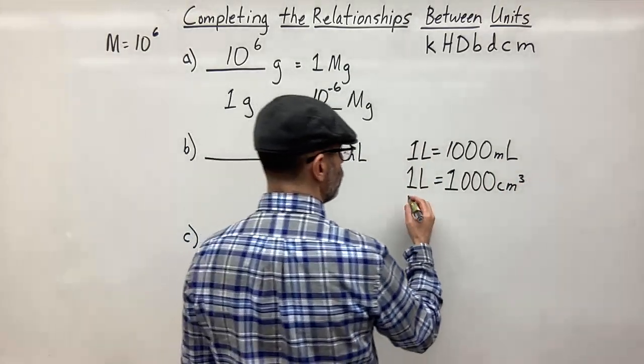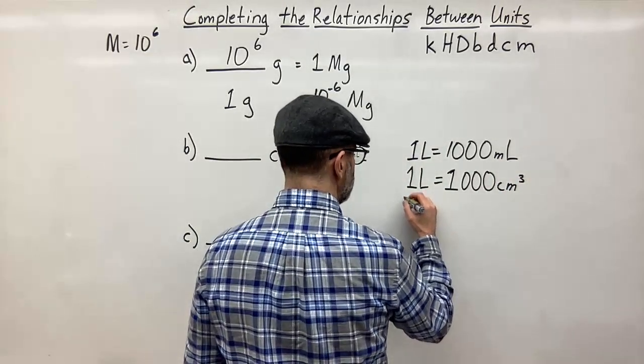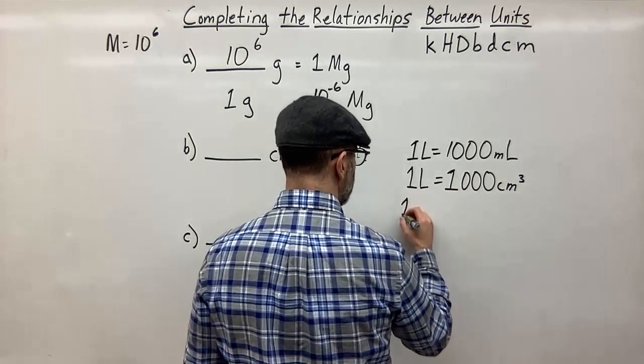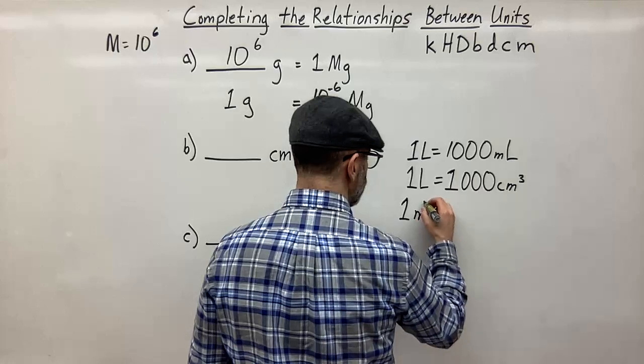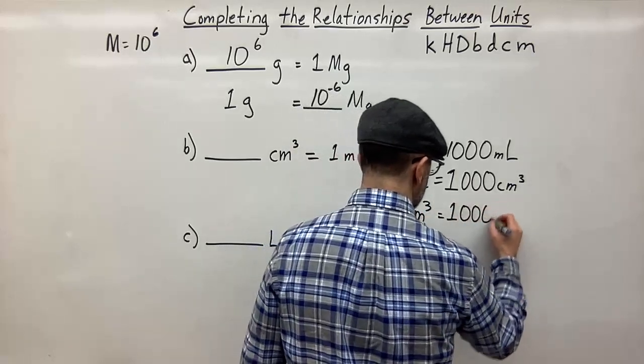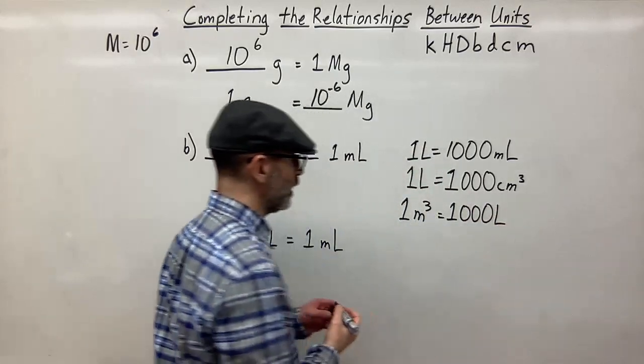And again, this comes from if you know this relationship, 1 meter cubed is equal to 1,000 liters.